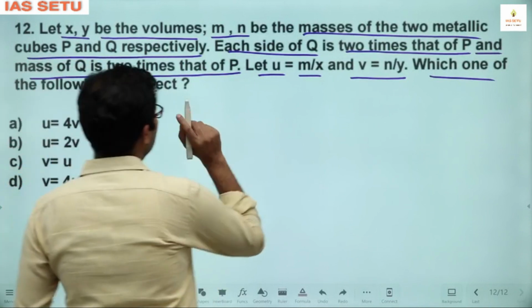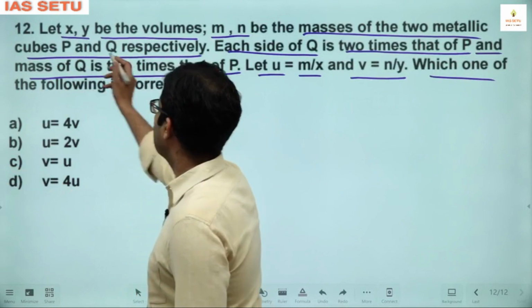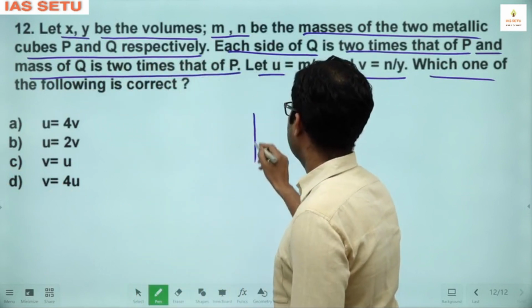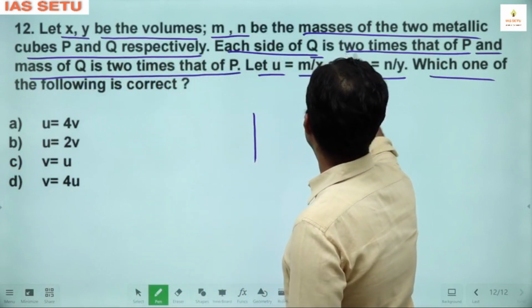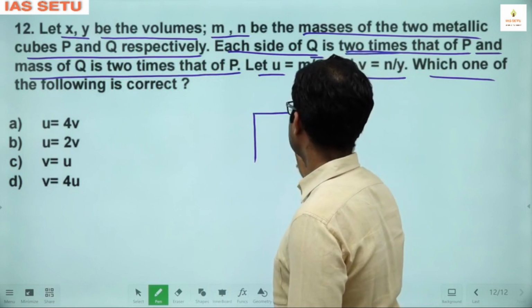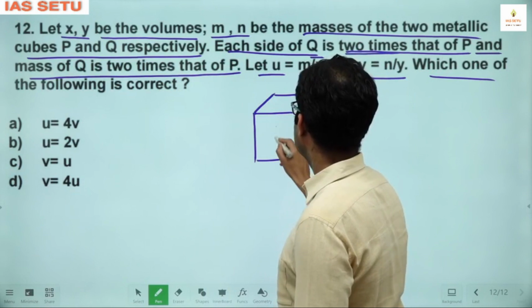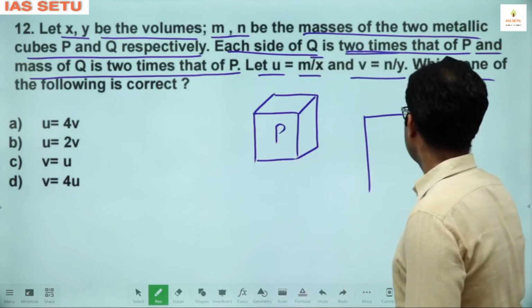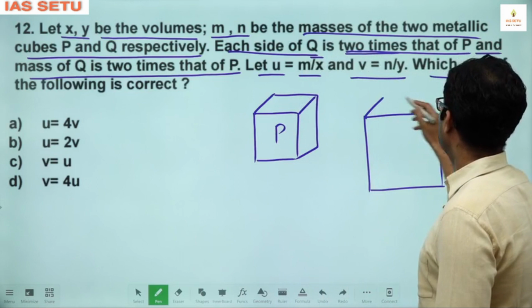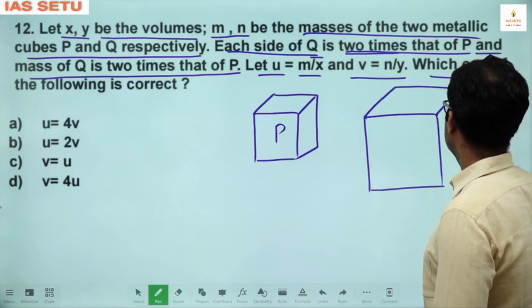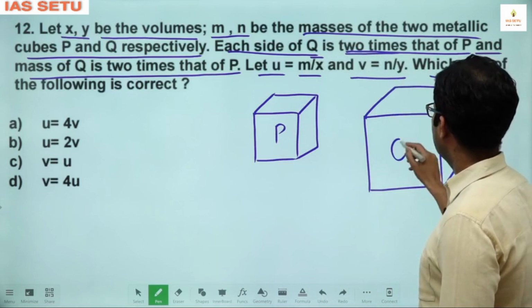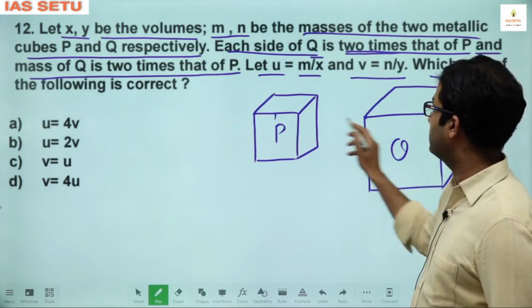See here, first thing is the cubes are named p and q. Each side of q is 2 times that of p. This is p and this is q. If the side of p is 1, the side of q is 2.